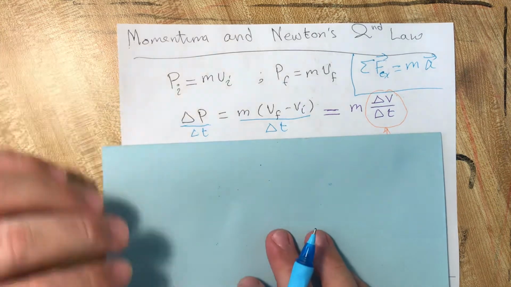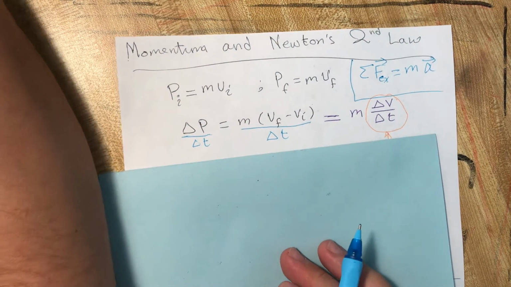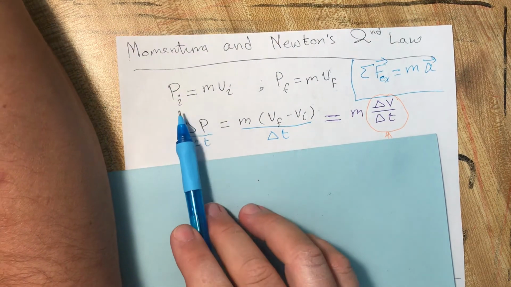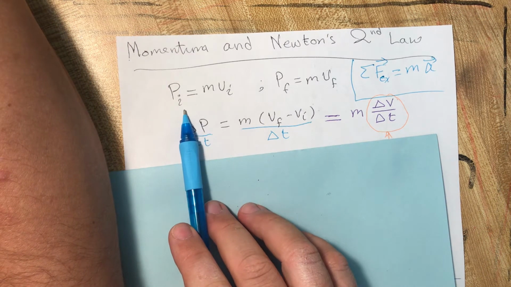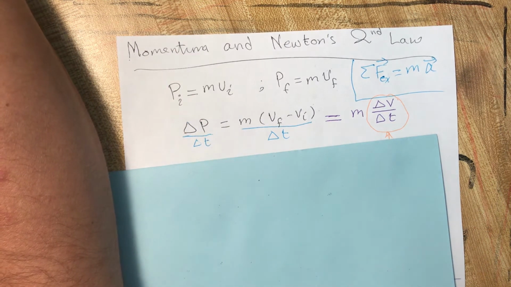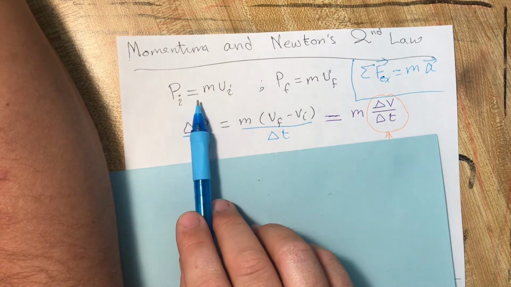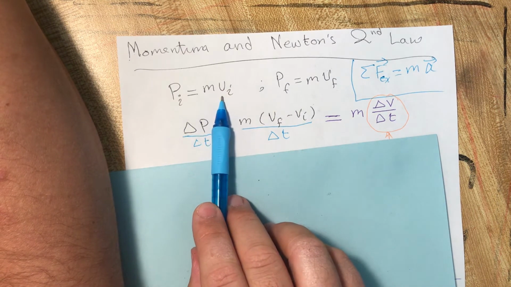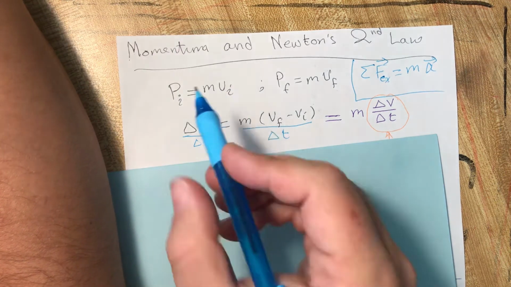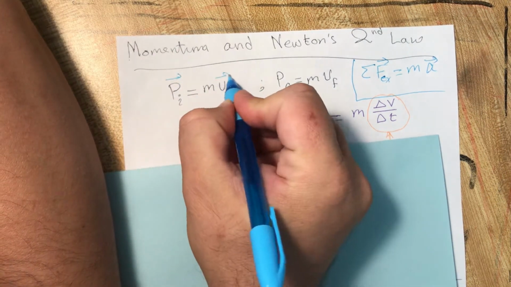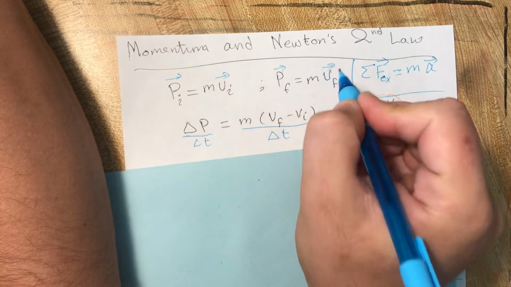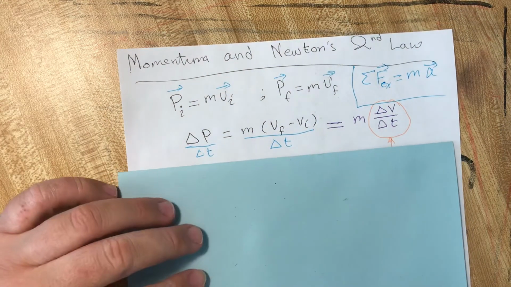We know that if there is any change in momentum, the initial value is mass multiplied by the initial value of the velocity. This is if we take them as vectors, and it's okay also if we take them as scalars.